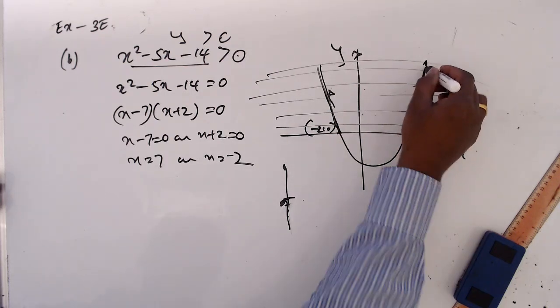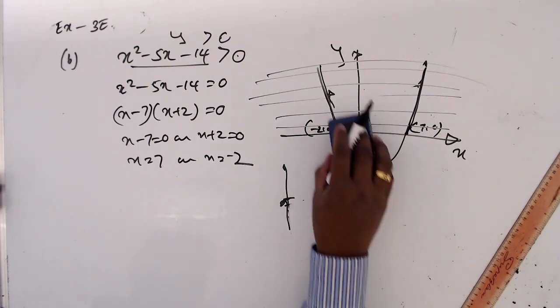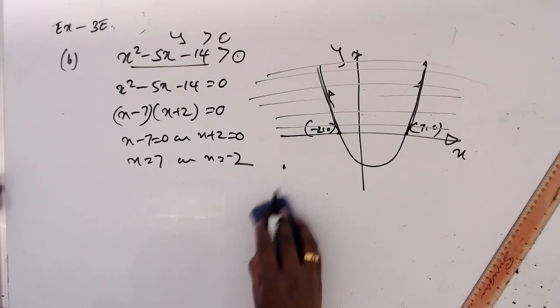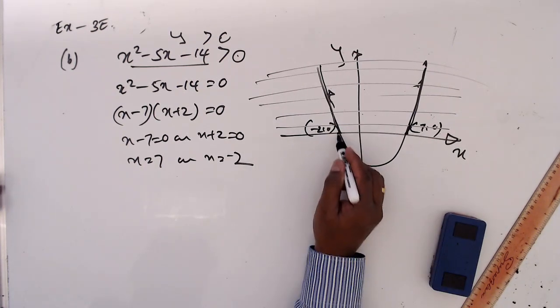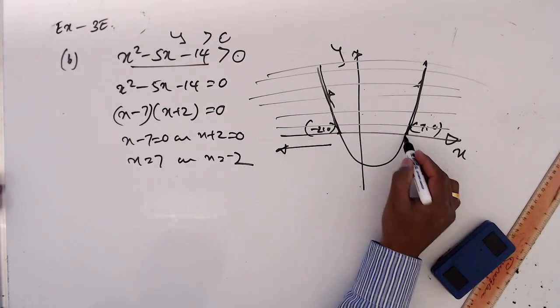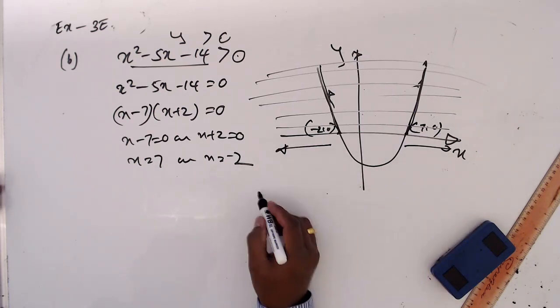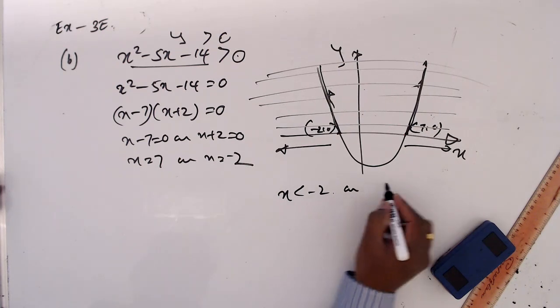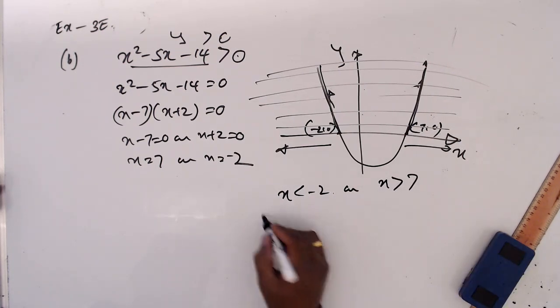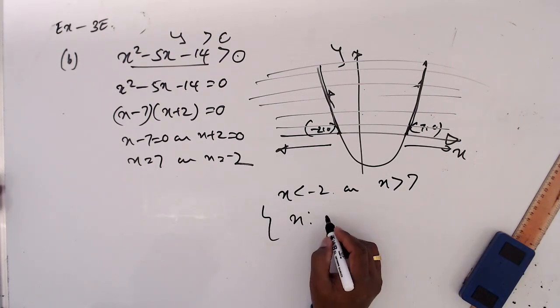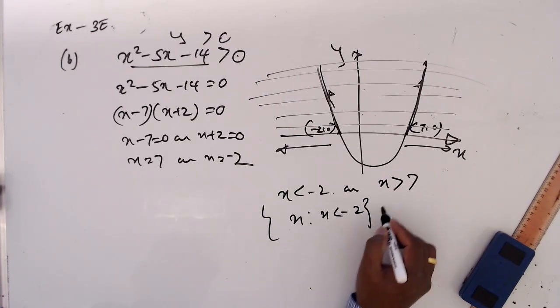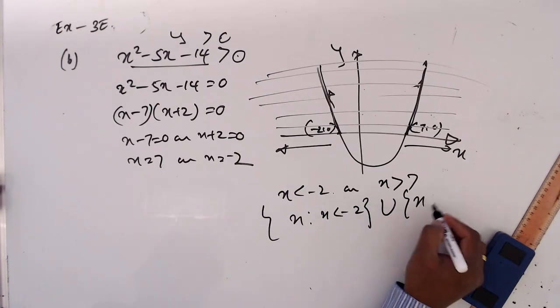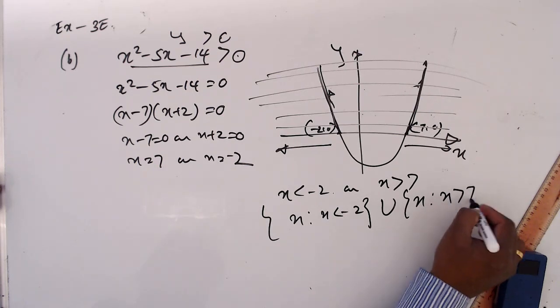It's going to be positive. In this part, all the y values are positive. So the answer is x less than minus 2 or x greater than 7. x less than minus 2 union x greater than 7.